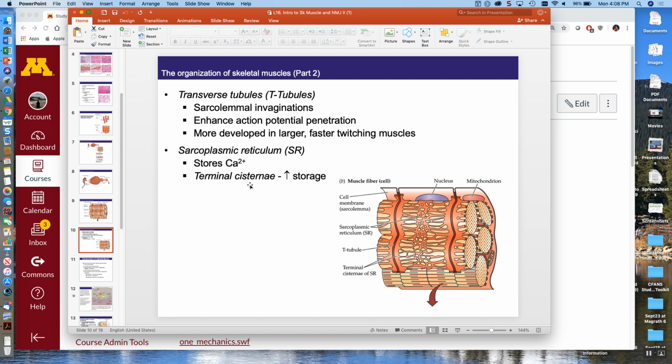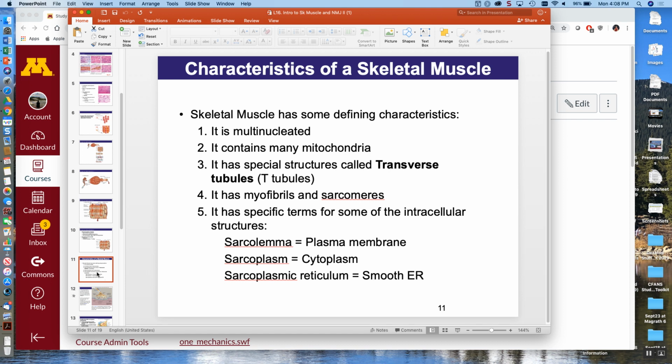They have a very well-pronounced terminal cisternae. Okay, so again, a few more things about skeletal muscle. They're multinucleated. They do contain a lot of mitochondria, mostly in the slow oxidative muscle. They have a lot of myoglobin and mitochondria, less so in fast glycolytic.